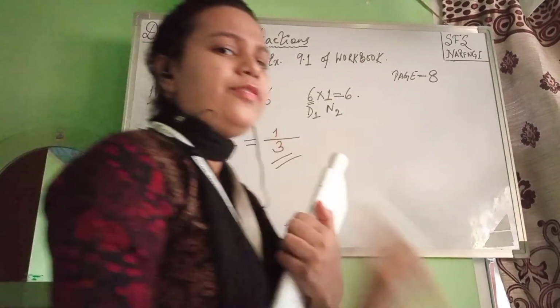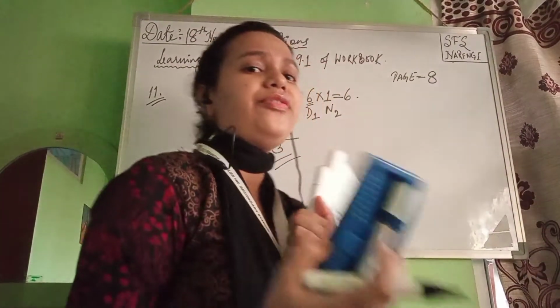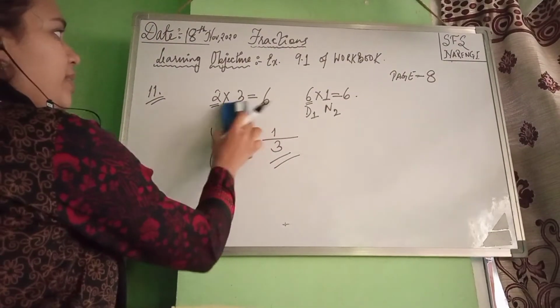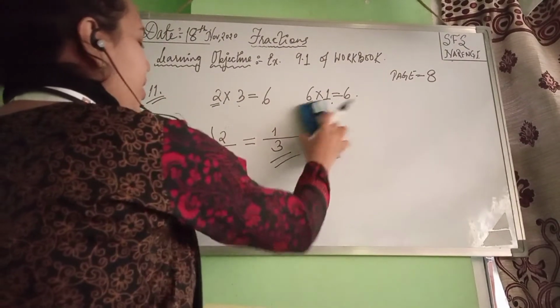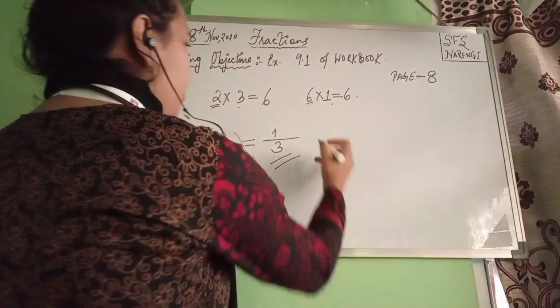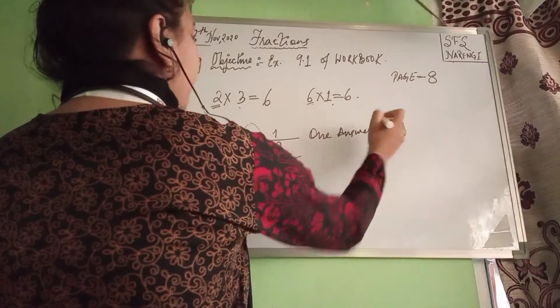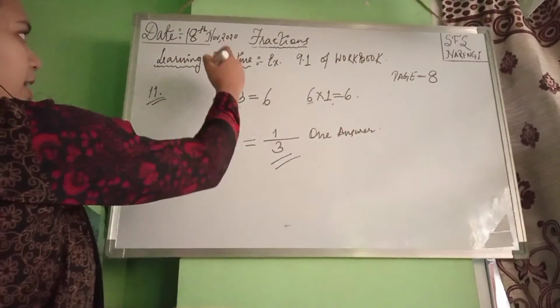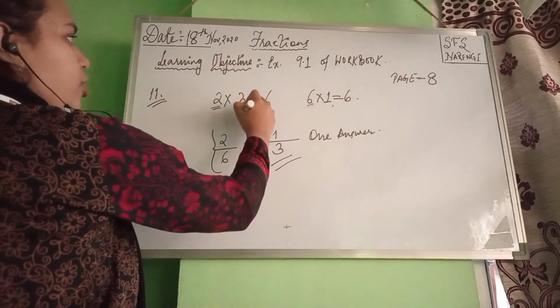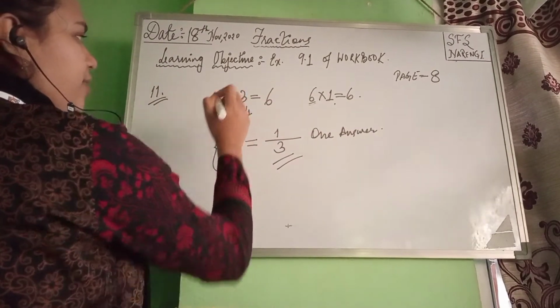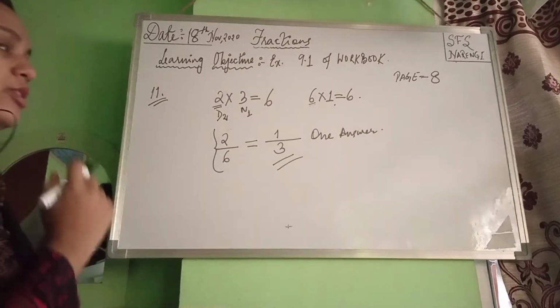It is just one of the answers. There can be many different answers, whatever you assume. If you do it the other way around, you can get another answer as well. If you take 3 as the numerator of the first fraction and 2 as the denominator of the second fraction, that also you can do.